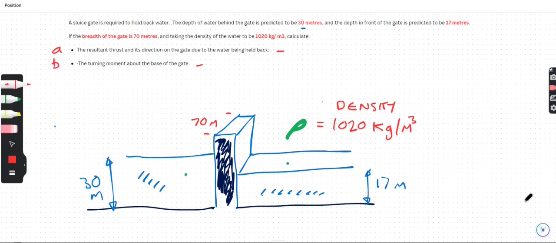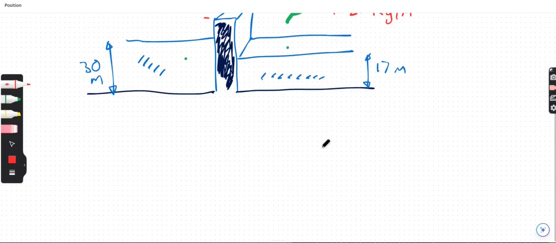Part A, part B, perhaps. Because all of this water is going to cause a pressure and a force, so we need to find what that force is. That's the question. Now, if you remember, here's the formula. The force due to water at depth, F for force, is density times gravity, and what we've done is height divided by 2.